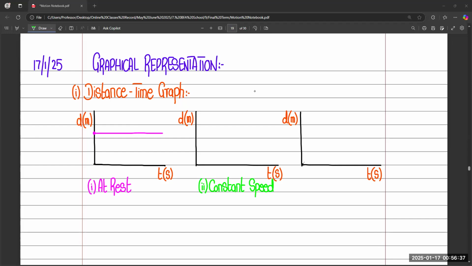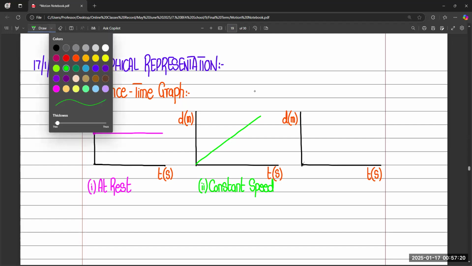Maybe a curve. Okay. In this scenario, we again need to draw a straight line, but that straight line starts from the origin and is inclined like this, because both quantities are increasing. So we can say that distance and time both are increasing, so the line is exactly in the middle of distance and time.